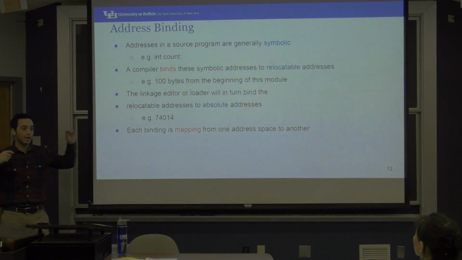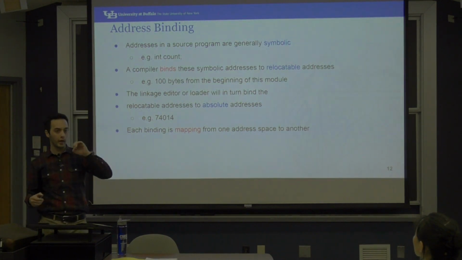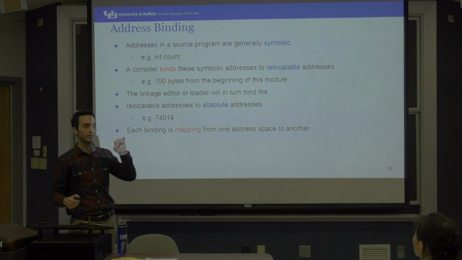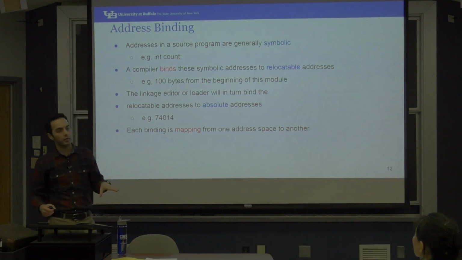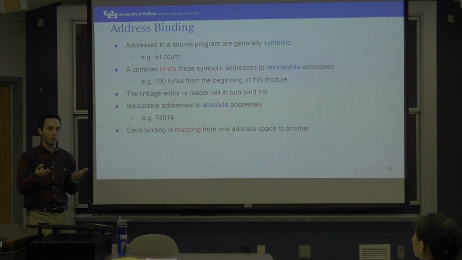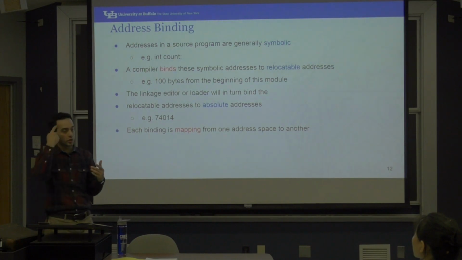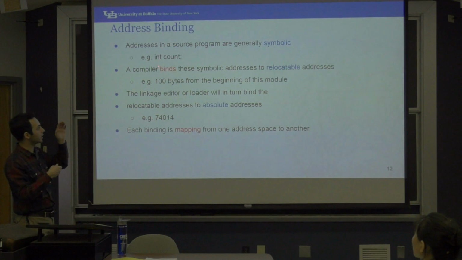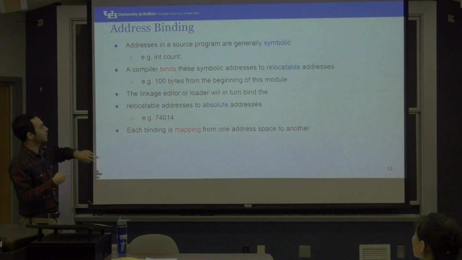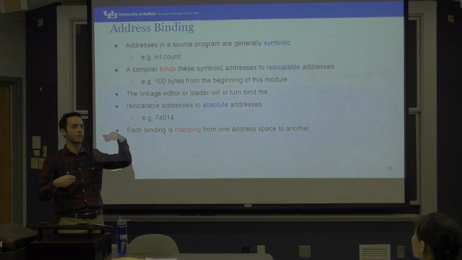You can ask a compiler to fit this symbol exactly at this address. And the compiler does it, and then when you load it, it will load it into that address. Otherwise, they will be relocatable. So, for example, wherever the count is, it's going to replace it with 100 bytes from the beginning of this module, because the compiler does not know where it is going to begin.